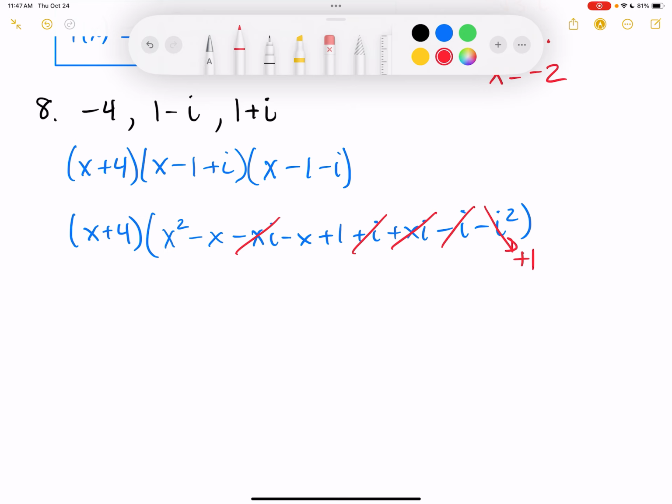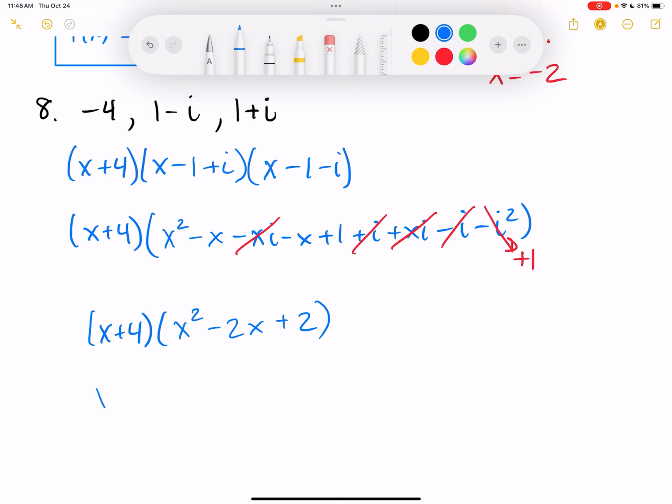So then I can combine like terms to simplify it down. I'm going to have (x plus 4) times (x squared minus 2x plus 2). Now when I multiply, FOIL, whatever you want to say, all of this, what do I get when I do that?